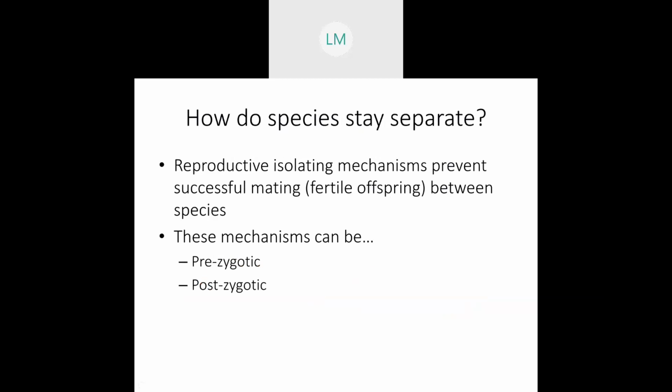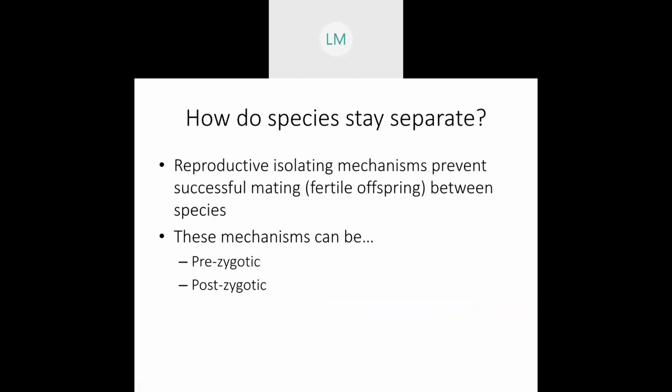Once these species are separate, how do they stay separate? We have certain reproductive isolating mechanisms that prevent successful mating between the species. And by successful mating, we're referring to fertile offspring. That's what we're looking for when we're talking about a successful mating. So we have these mechanisms in place to help species stay separate.